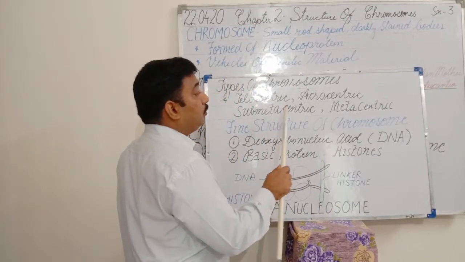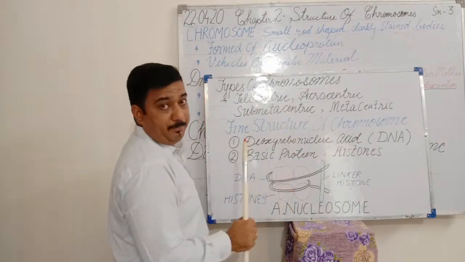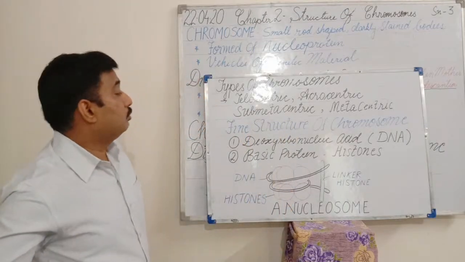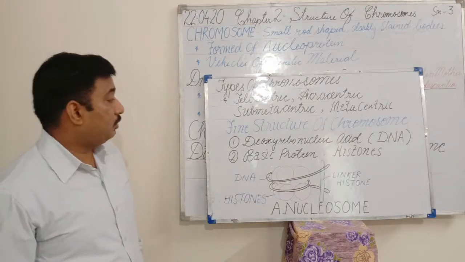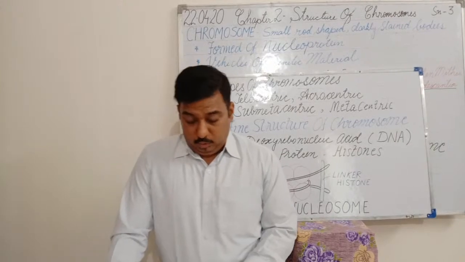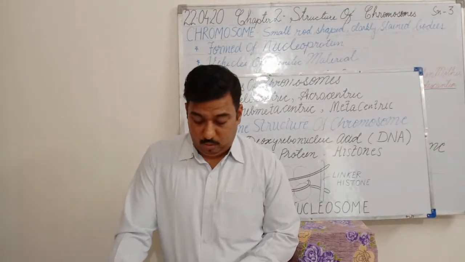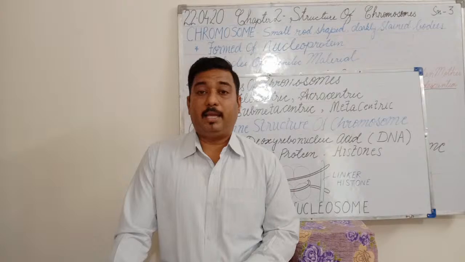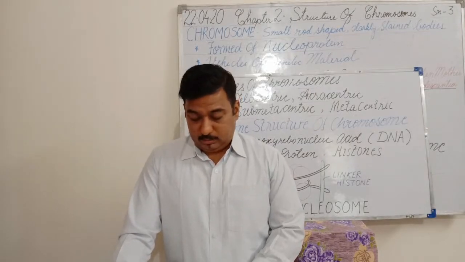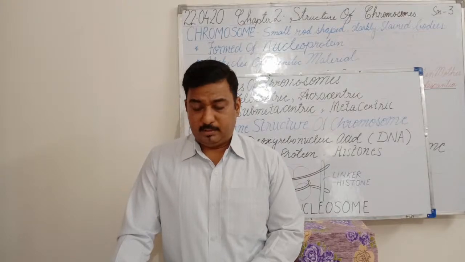I will be explaining this again through the PowerPoint. Fine structure of chromosome. The next thing is the fine structure of chromosome. We know chromatin material condenses to form chromosomes, as already told. Chromatin is formed of two substances.